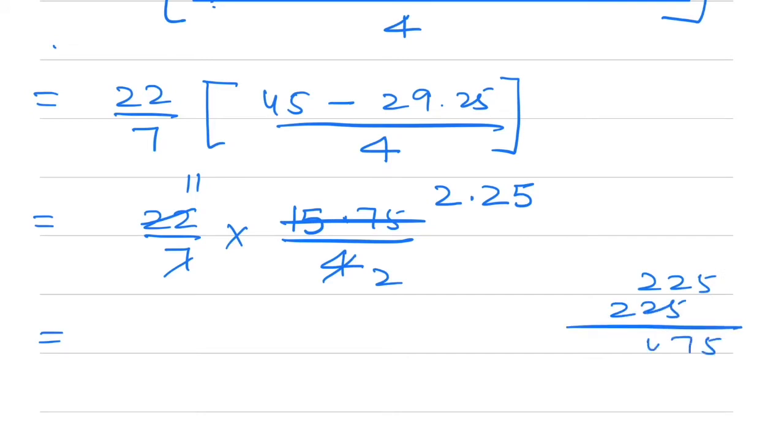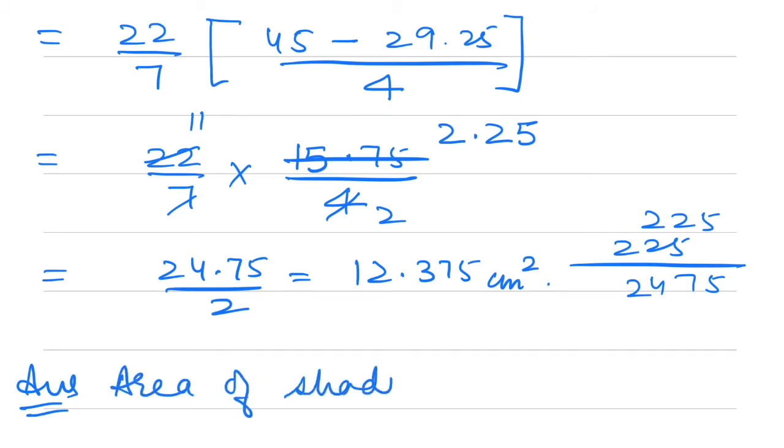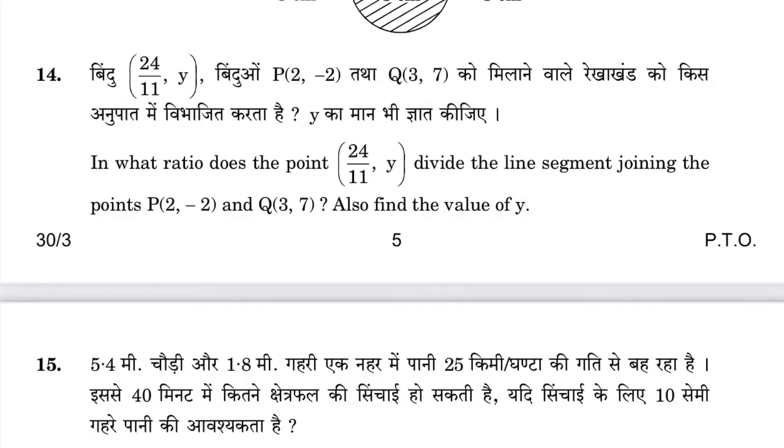So 5742, 24.75 by 2 is equal to 12.375 centimeter square. So answer, area of shaded region is equal to 12.375 centimeter square.